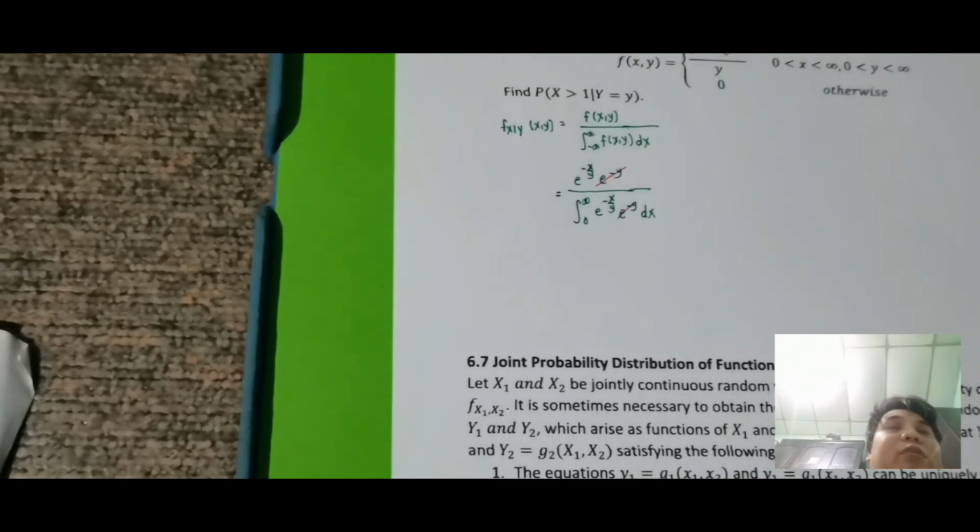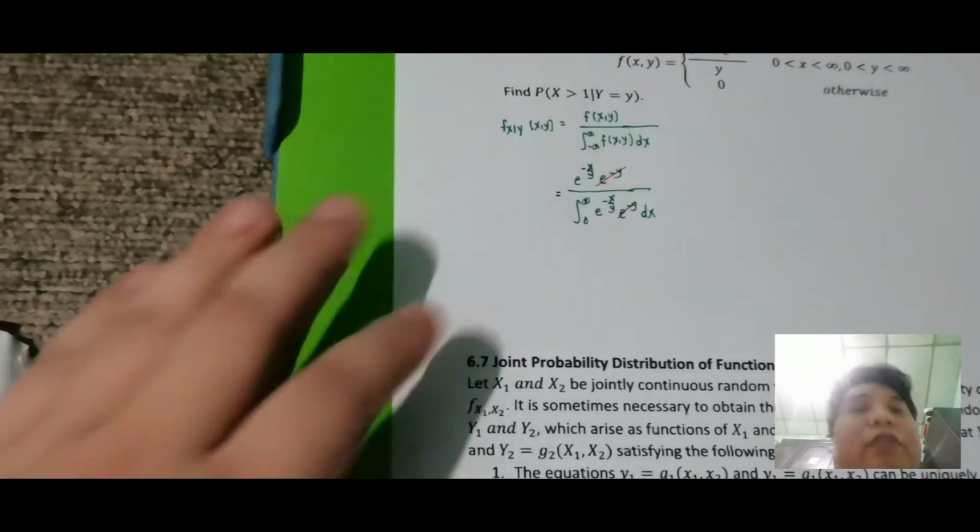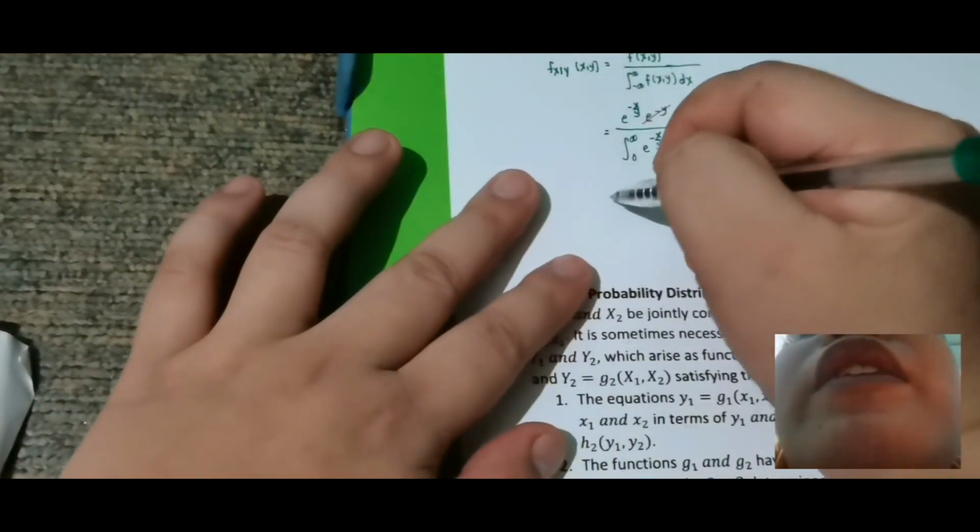Again, integral ng e raised to 4x dx is 1 over 4. So, kung nasa taas siya, paglabas niya siya ay fraction. Kung nasa denominator siya, paglabas niya siya ay whole number. Okay, so in some sense na ganun. Pakita ko na nga rin, ang hirap i-explain.